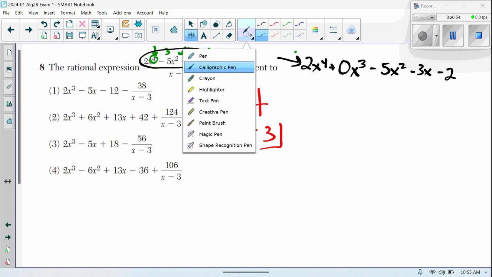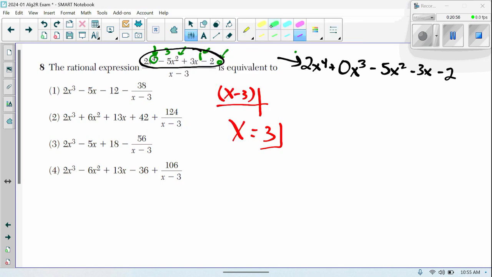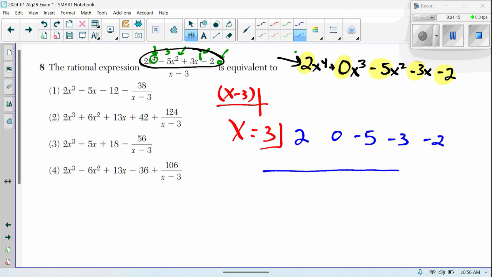And all of those coefficients, the 2, the 0, the negative 5, the negative 3, and the negative 2, I'm bringing down without the x's. So I've got my 2, my 0, my negative 5, my negative 3, and my negative 2. And I draw a line with some space below, okay?